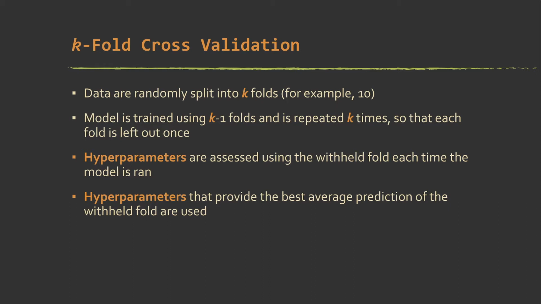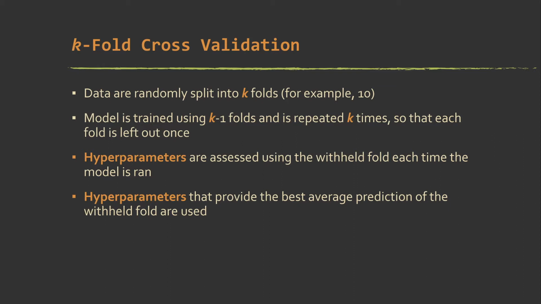Okay, so once you have the folds, you basically go through and train the model using k-1 folds, and you hold out one of the folds and validate on the held-out data. And you repeat that process k times. So if you have 10-fold cross-validation, each time you'll train on 9 folds and predict to 1 fold. You'll repeat that 10 times such that every time a different fold is held out until you get through all the folds.